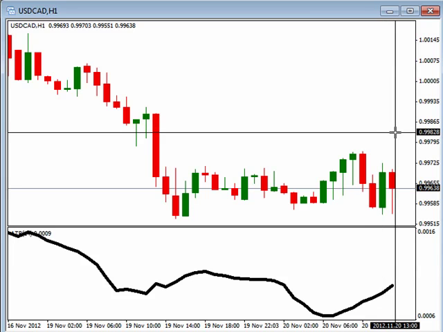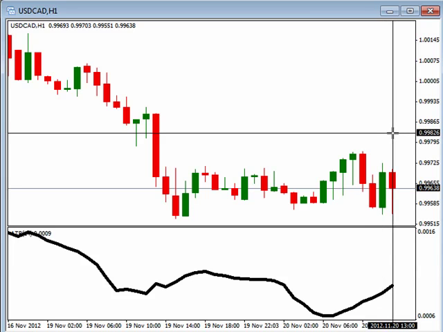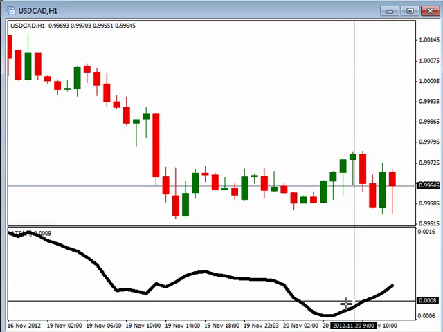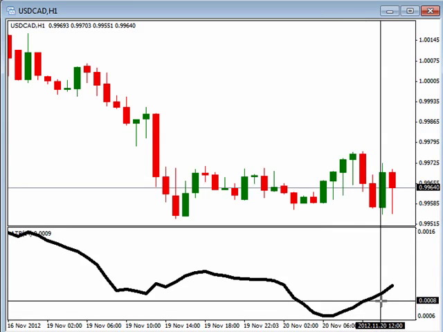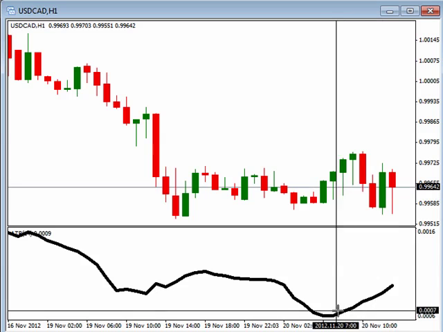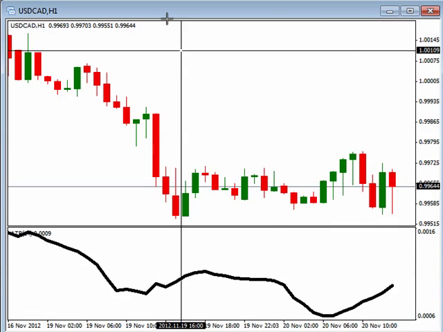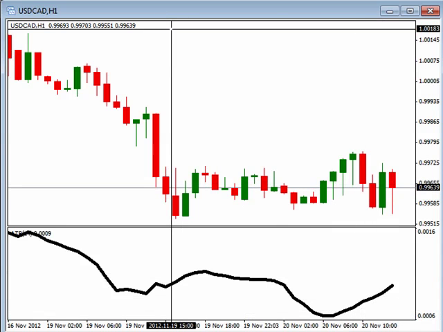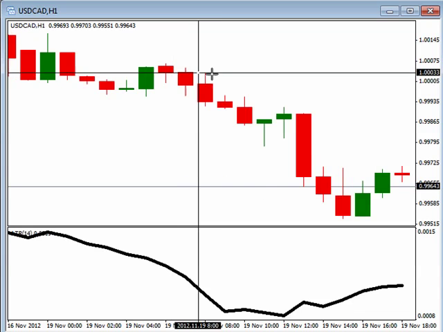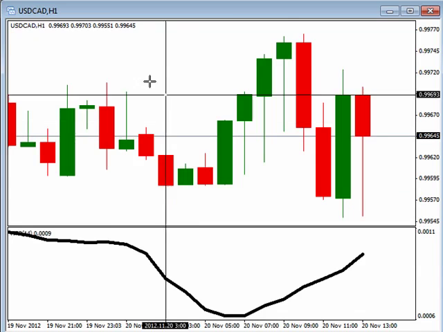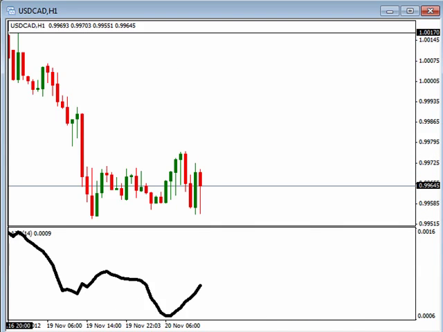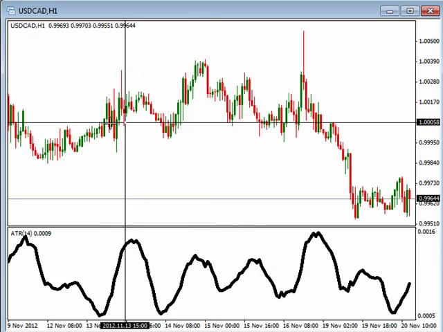Now we're sitting here at the 1300 hour, and you can see that this ATR is starting to move up. And so the other thing we can do is look at what time we start to see the average true range begin to move up and give us more movement.